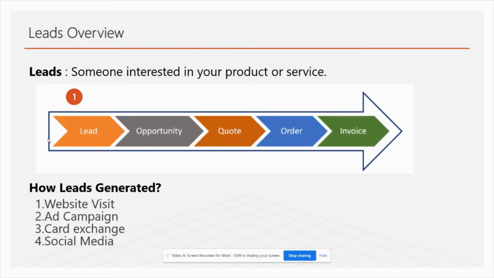So how are leads generated? Typically in marketing, leads are generated in different ways.